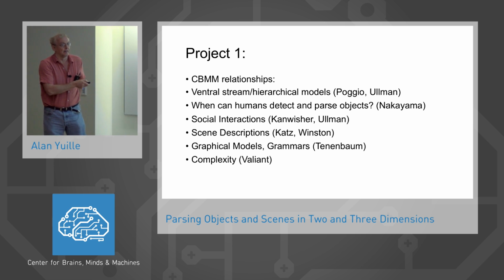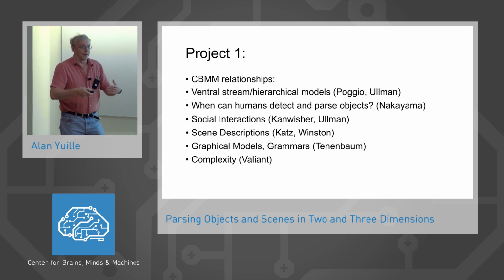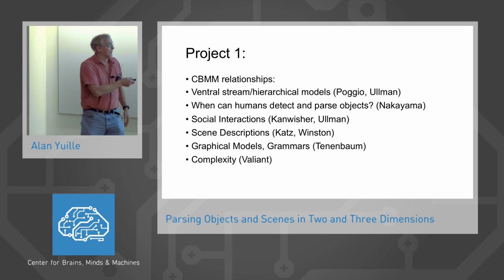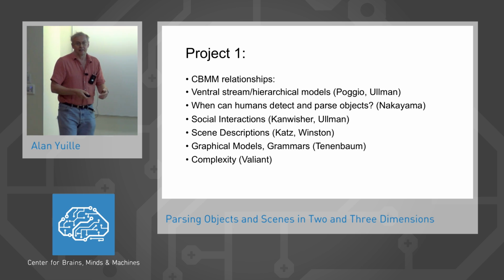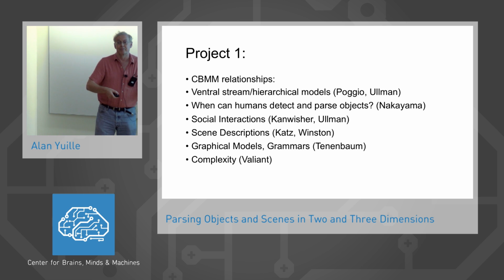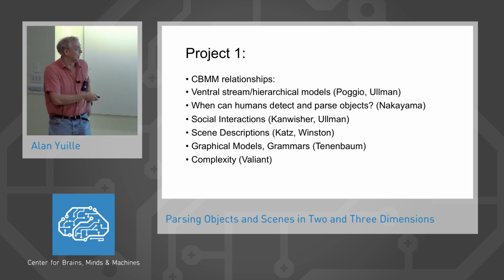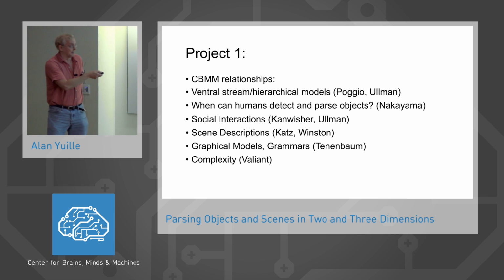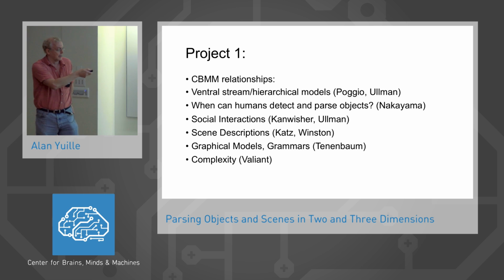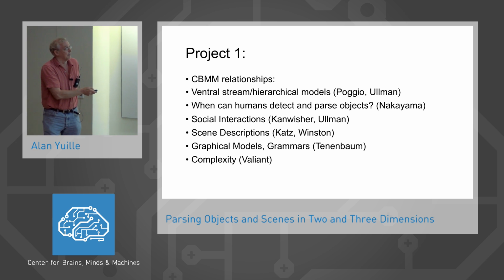Social interactions, if you want to work out the complex interactions that I believe Nancy Kanwisher and Shimon Ullman are talking about, it seems to me that you'd at least have to find the parts of the objects you're looking at and be able to parse them and describe them in some ways. Scene descriptions and graphical models relate to a lot of the things that Josh is interested in, and the complexity issues relate to the work of Les Valiant.